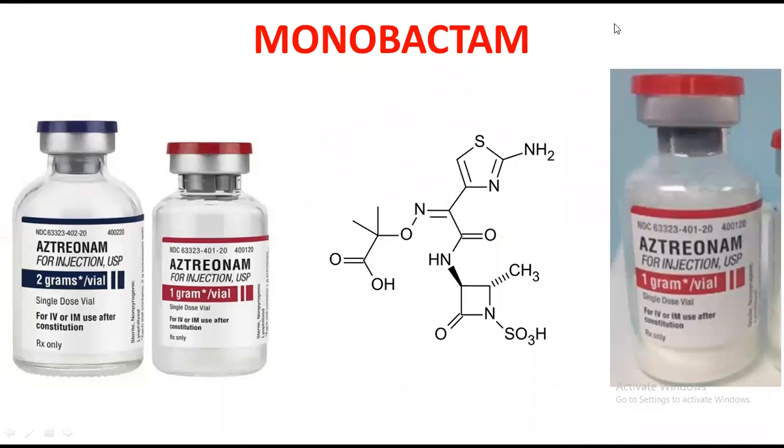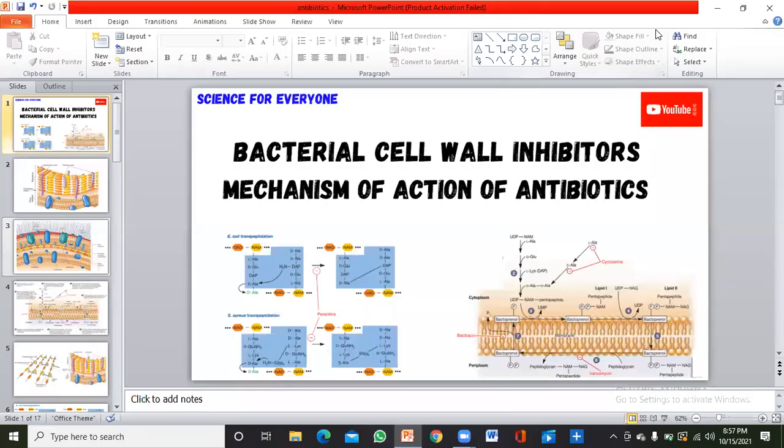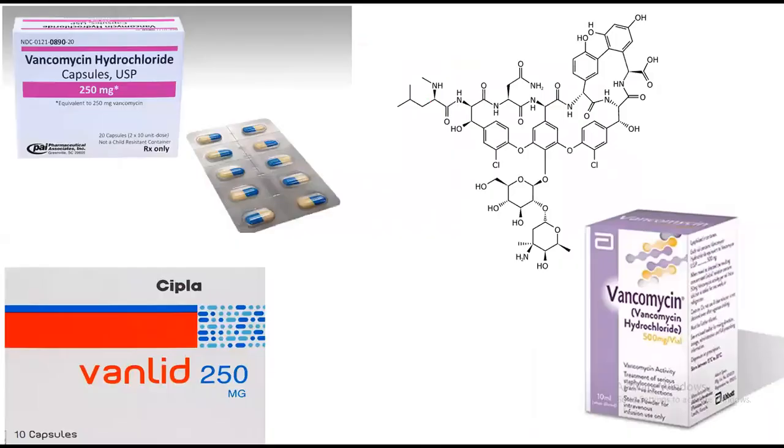These are monobactams. Just look here, it also has the beta-lactam ring, so it is also acting as a transpeptidase inhibitor. Now these are the medicines, and this is imipenem, which is also a very good antibiotic, and it is also a transpeptidase inhibitor.